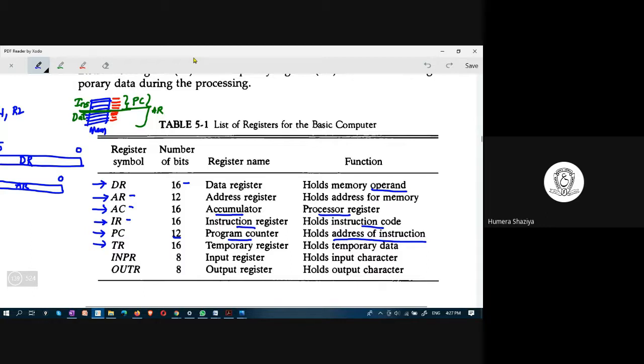Did you do it or not in your college days? We all have done it. So that is just something temporary. That information, whatever you are writing, is only for enjoying at that moment, not forever. Like that, here there is a temporary register which will hold the data temporarily.